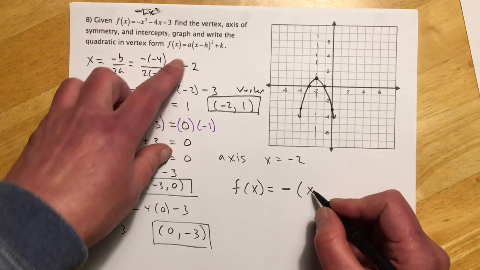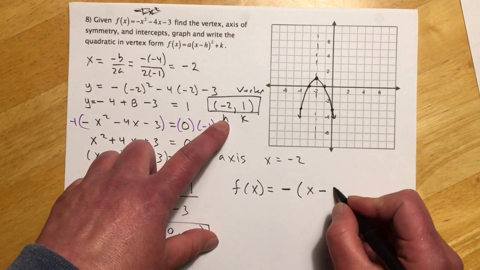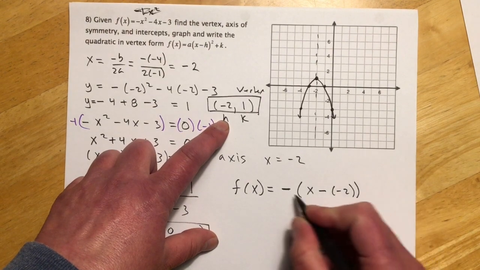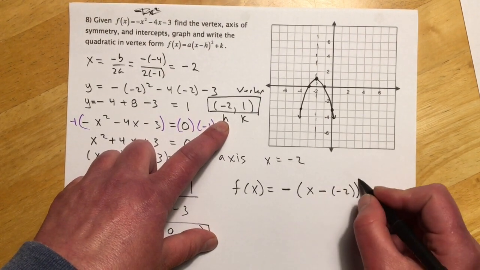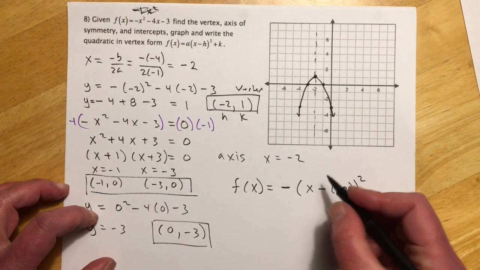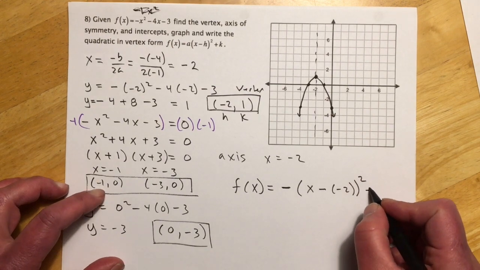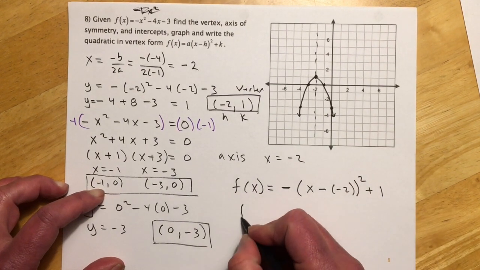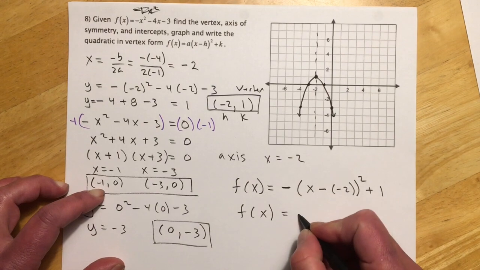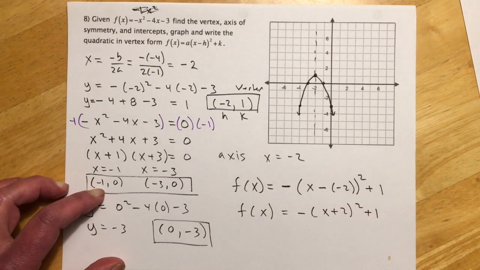This is x minus h, and this was our h, k right here. So x minus h would be, strictly speaking, like that, and I'll clean up that little sign on the next thing, but I just want to show where the sign change comes from. Because remember, the formula is x minus h, so with the negative 2 in there. And then plus k, so that's plus 1. So making this look a little nicer, I got negative x plus 2 quantity squared plus 1.